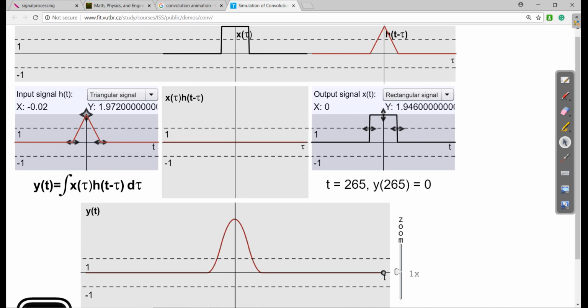Now here we can see that this is the animation that is available on this website. You can see. Now here we have two signals. The first signal that we have here is this one, a triangular signal, that we represent with h, and the x that we have here is this rectangular pulse.